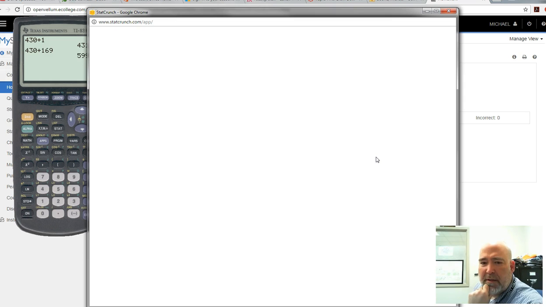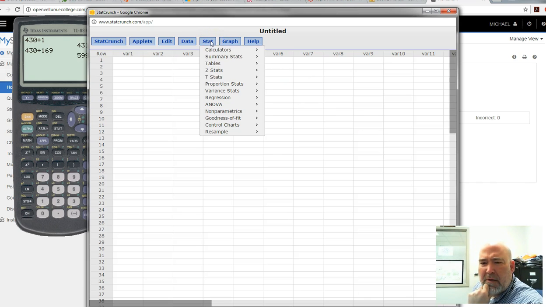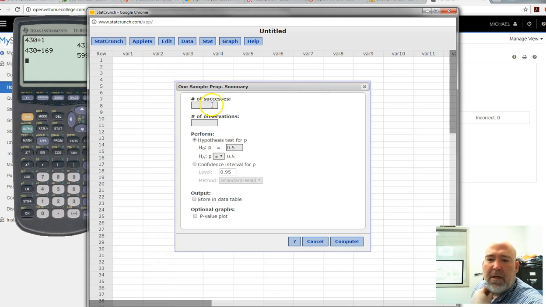So I have a proportion stats. I have one sample of that 599. I have a summary of the sample because I'm dealing with 169 were yellow out of 599.